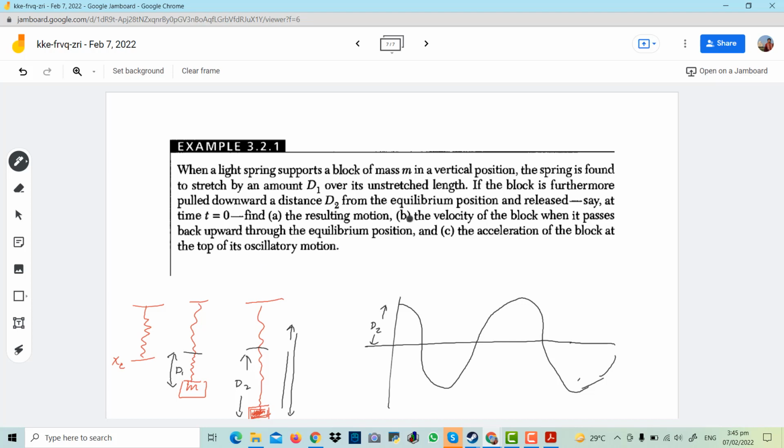Before we solve for the velocity and acceleration at the top, or when x equals 0 through the equilibrium position, let us solve for the resulting motion.